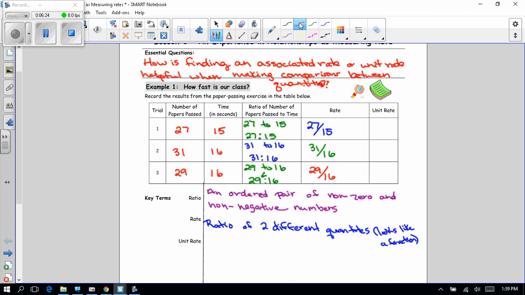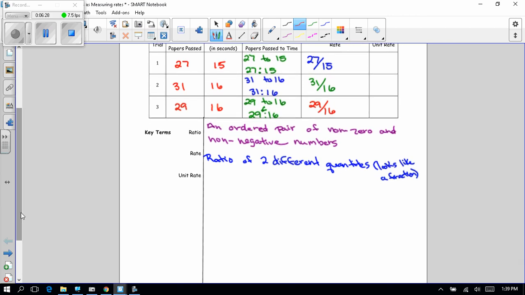Now for the unit rate, we're going to actually take the rate that we just had, and we're actually going to calculate what it would be if we only had one of those things, right? How many papers could that class pass out in 1 second? If we only had it in 1 second of time. So this one is the value of the ratio.